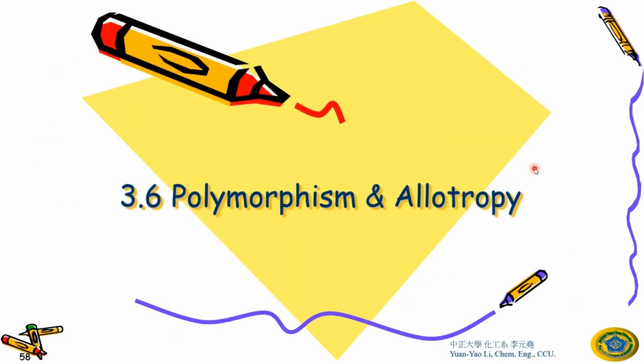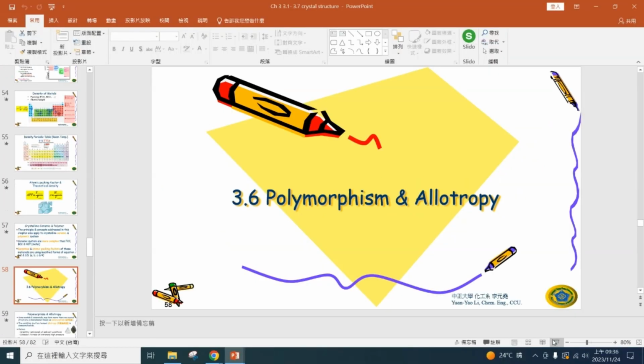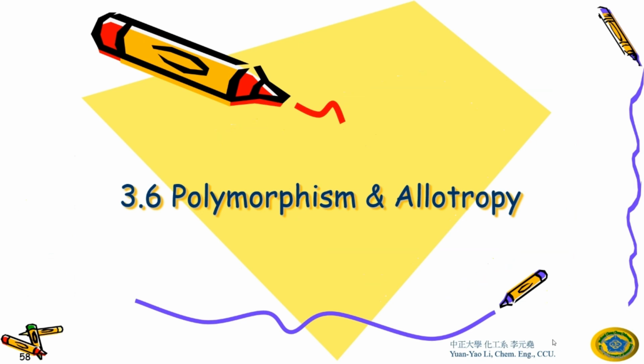So for section 3.6, we are talking about polymorphism. Can we change the structure of this material when we change the temperature?